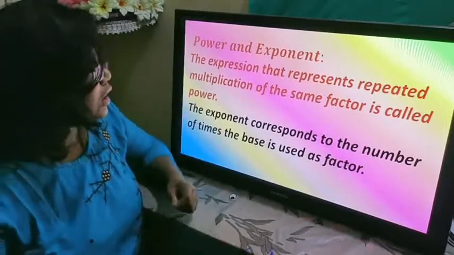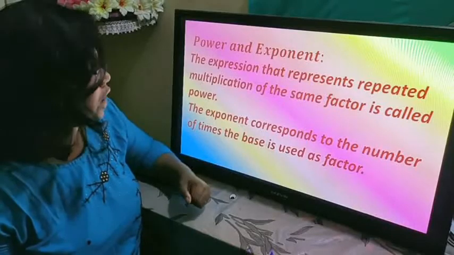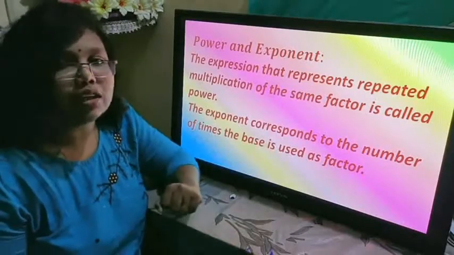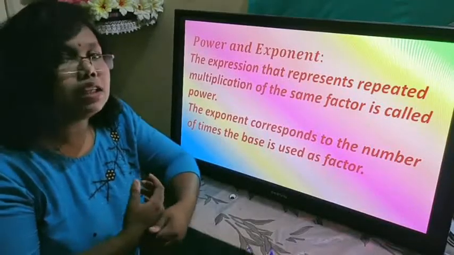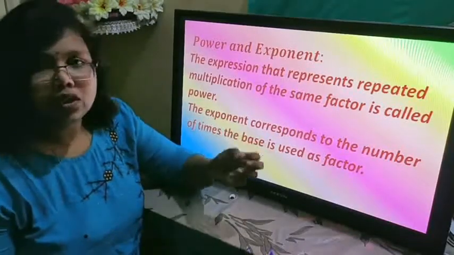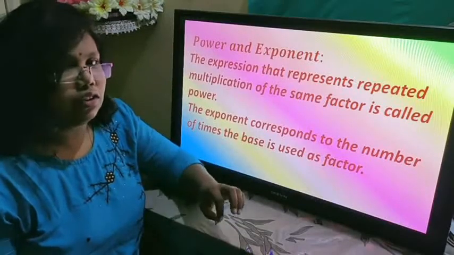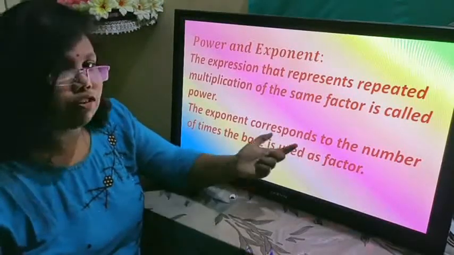Whereas exponent corresponds to the number of times the base is used as a factor. That means the power, the index that we are using there, that is the exponent. Both are almost the same. That's the slight difference. Now this is the definition for exponent.